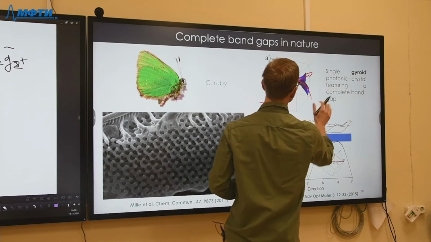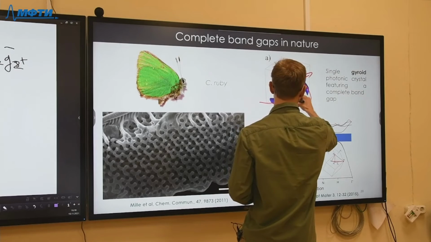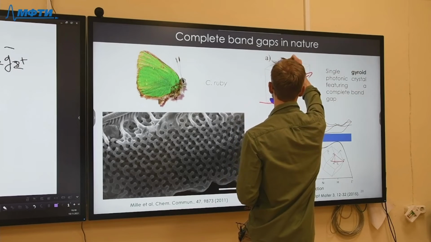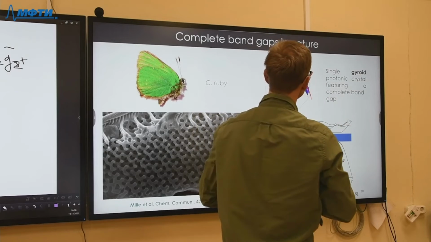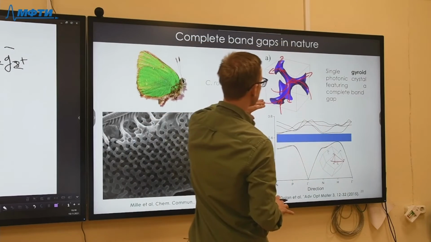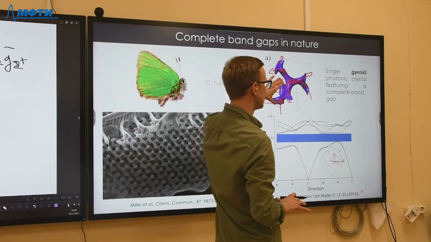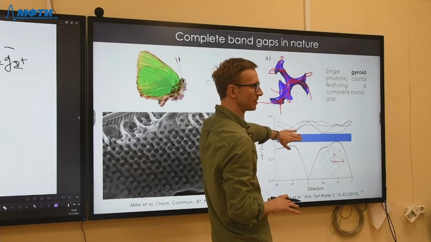You can go here, you can go here. Okay, and this is periodic. This is one unit cell of that structure. And if you fill these tunnels, these channels, with a dielectric material and calculate the band structure, you'll see that it features a complete band gap.